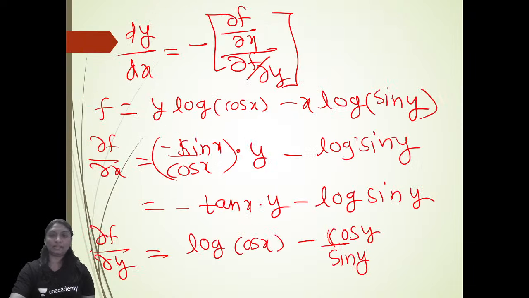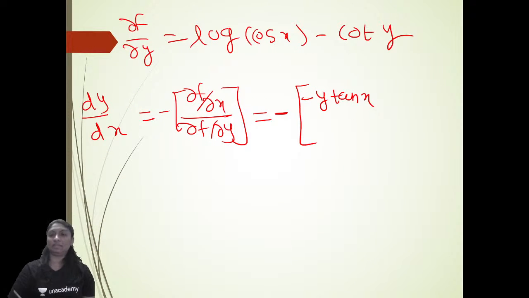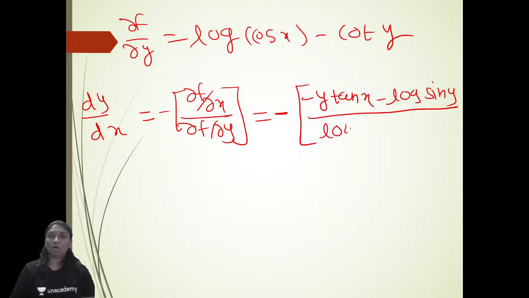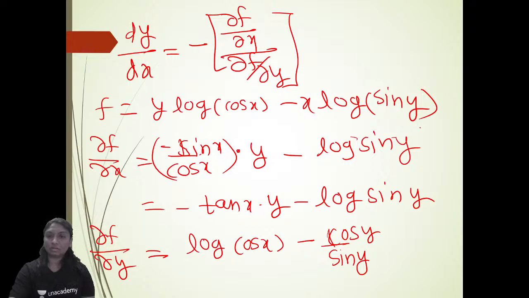∂f/∂x is minus y tan x minus log sin y, upon ∂f/∂y, which is log cos x minus cot y minus ∂f/∂y into x.